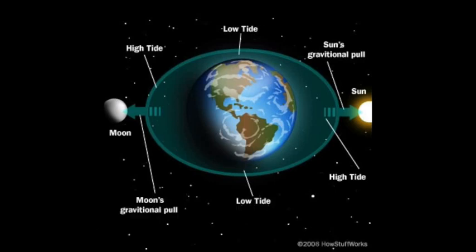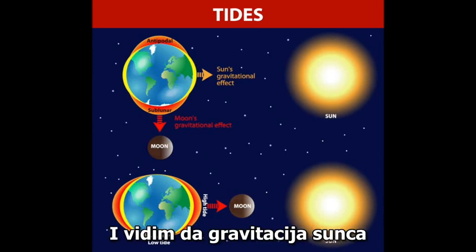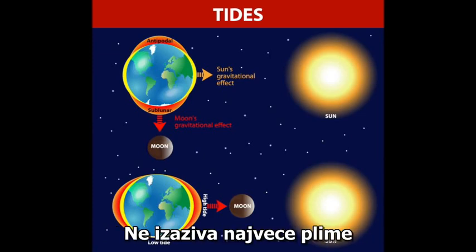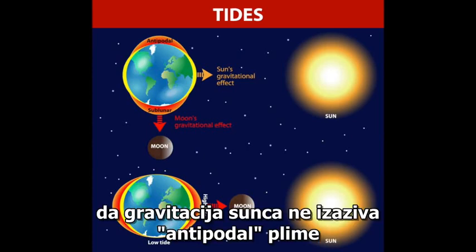So I click on this diagram and I see that the sun's gravitational pull is not pulling the larger tide. See on that top image? It's not the sun's gravitational pull pulling the antipodal tide.